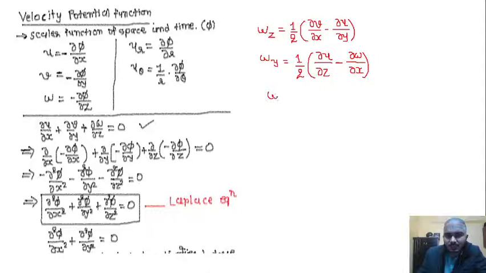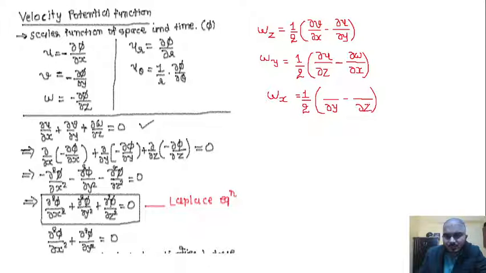Then we have the last rotational component, omega x, equal to half of, here we will have del y, as this is a rotational component in x direction, the next direction is y direction and the remaining direction is z.